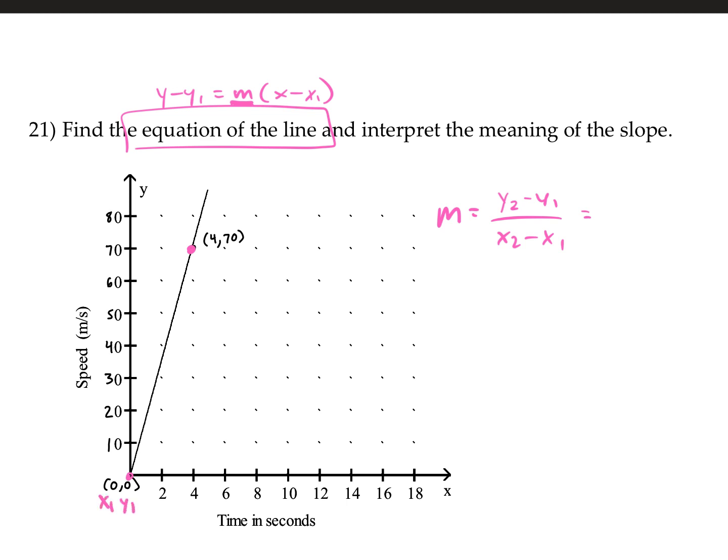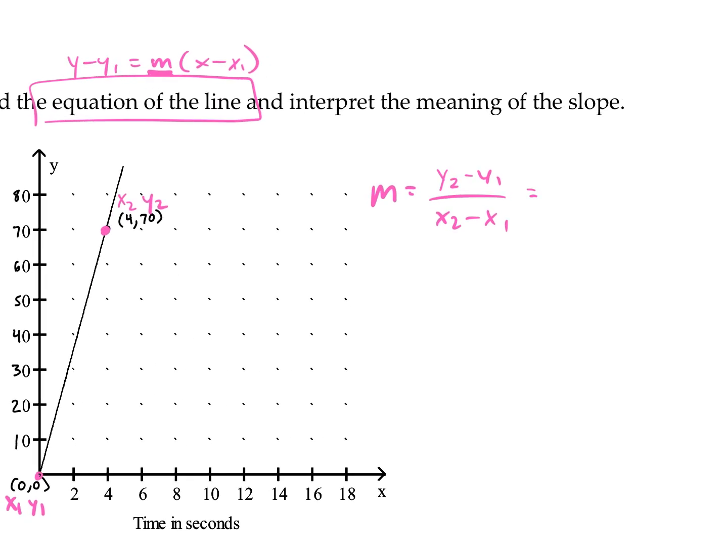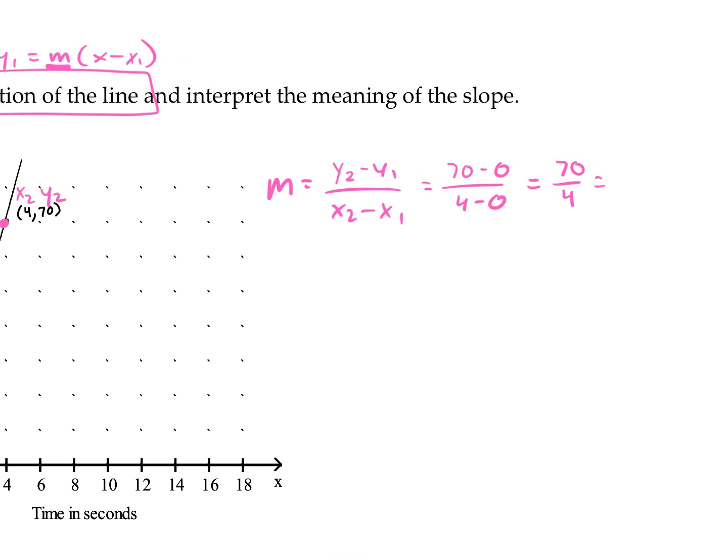And we have a point up here at 4, 70, so this would be our x2 and y2. And we can plug that in. So I'm going to plug it in, but again, if you wanted to, use your rise over run and count. So here we have 70 minus 0 over 4 minus 0. So this would be 70 over 4, which would simplify to 35 over 2.